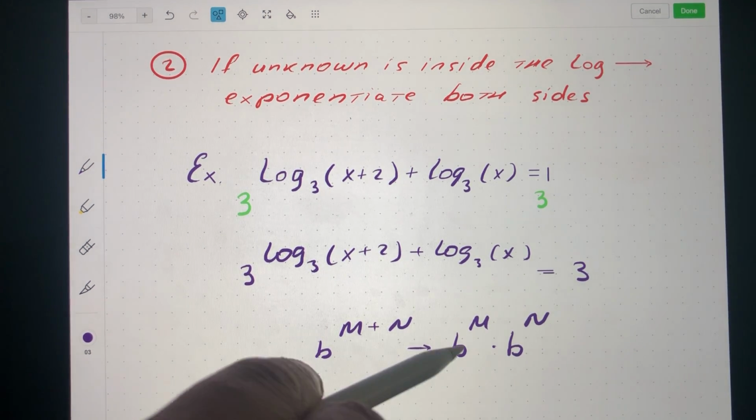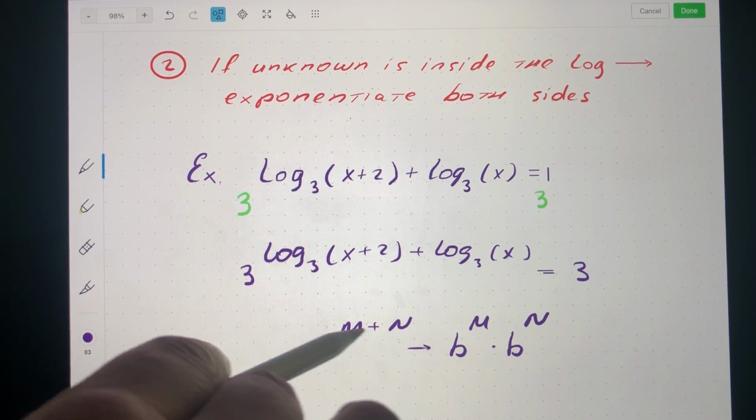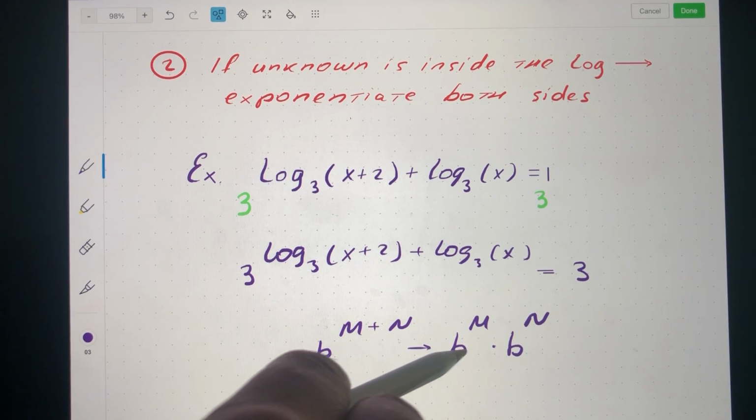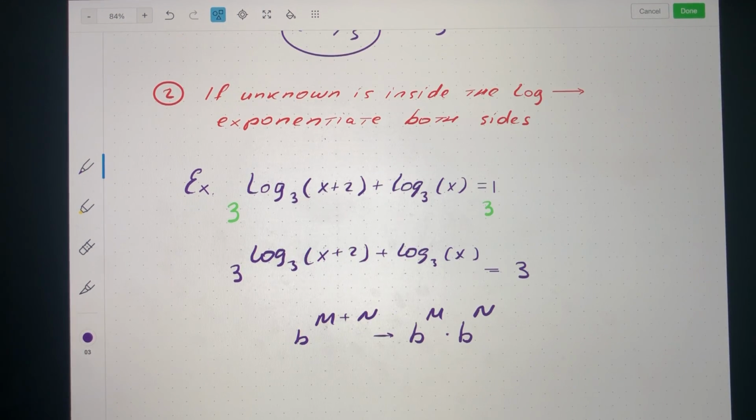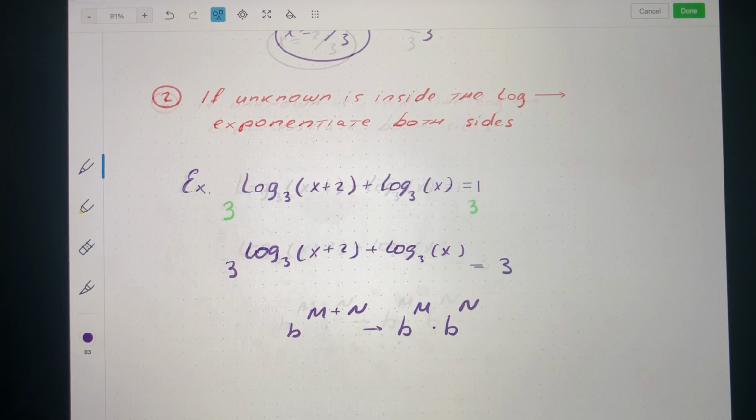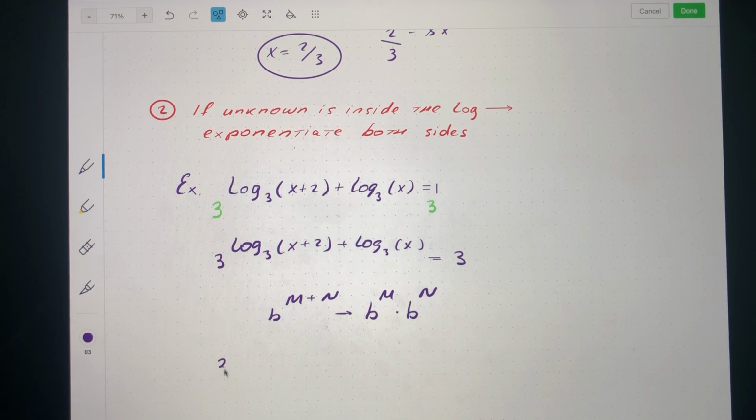So we can go back to this form and have 2 bases of 3 instead of 1. That makes 3 to the log base 3 of x plus 2, times another 3 to the log base 3 of x, is equal to 3.